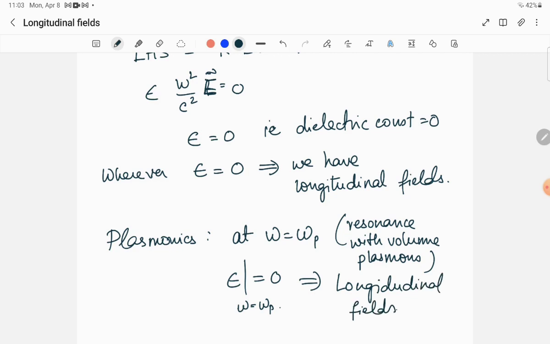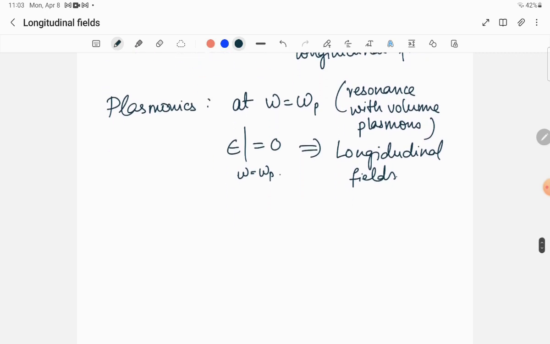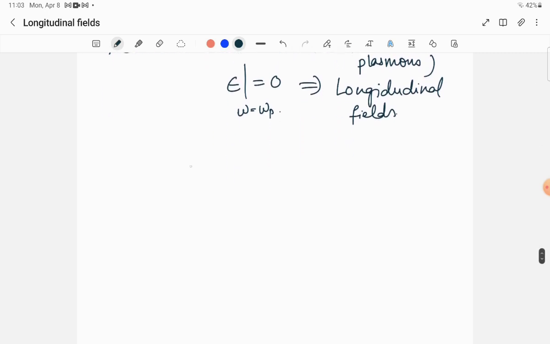Okay, and how this longitudinal field will appear, we will do another class on this.